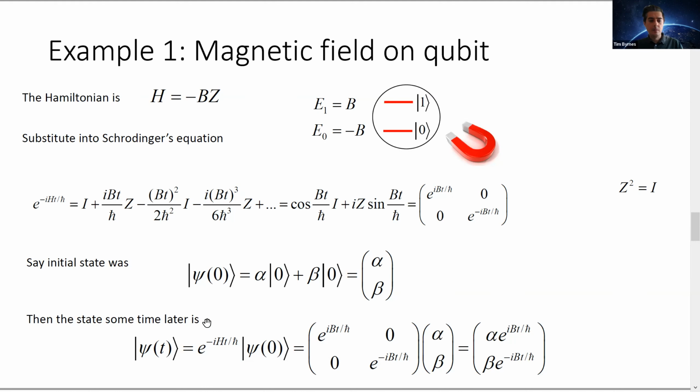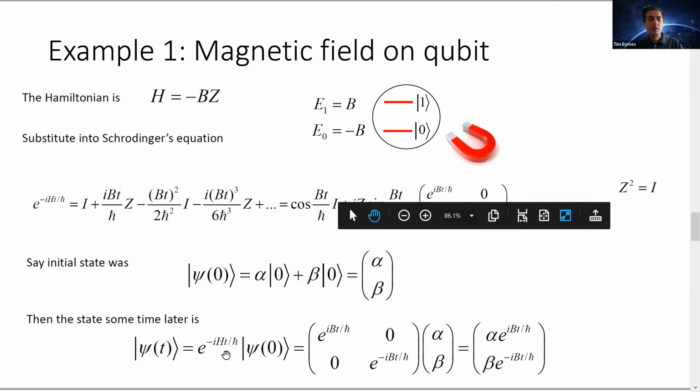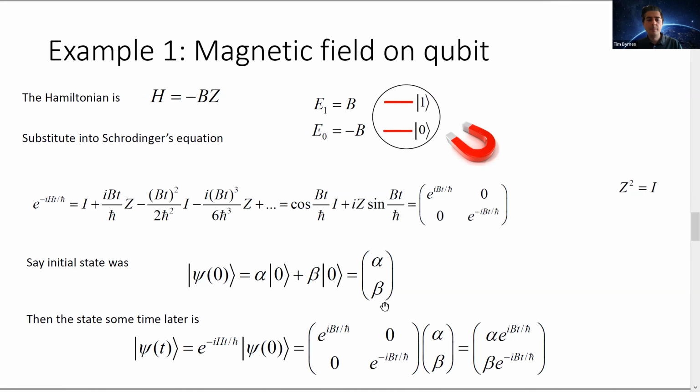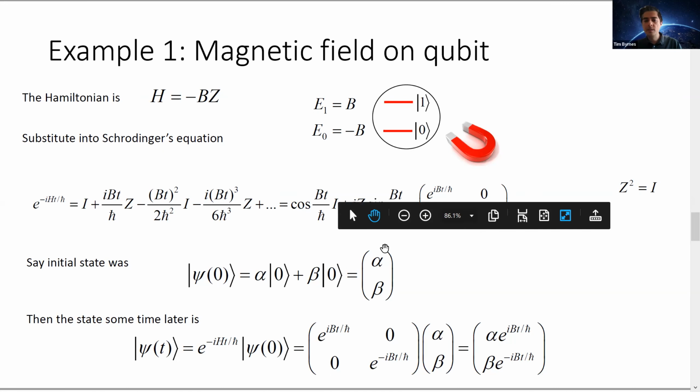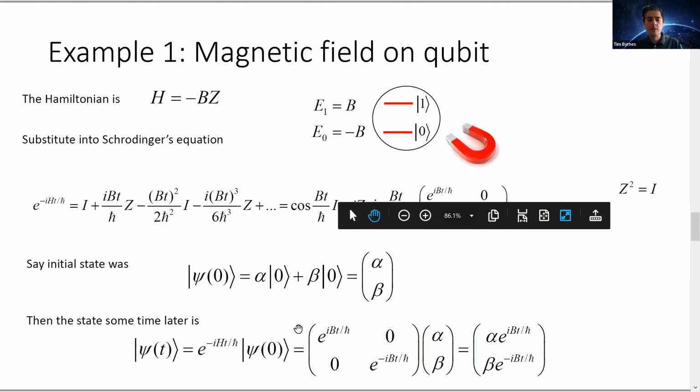Let's try and apply Schrodinger's equation and work out what the state of something is at some time. Say initially the state is this thing, alpha beta. Let's work out what the state is going to be some time t later for this particular Hamiltonian.